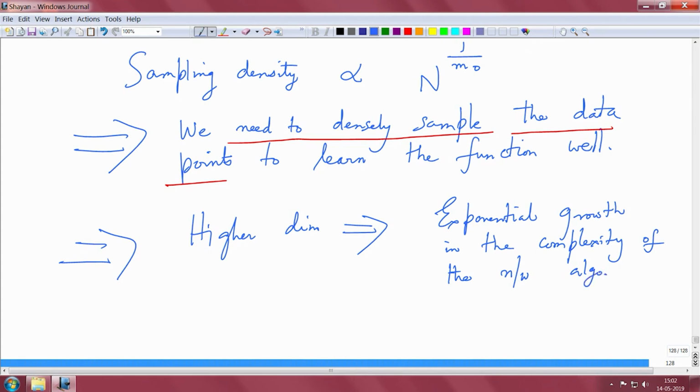So we are faced with this problem, and this is basically called the curse of dimensionality.